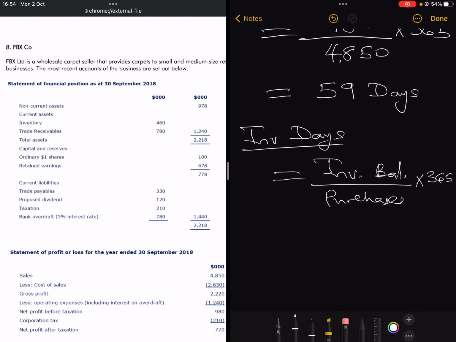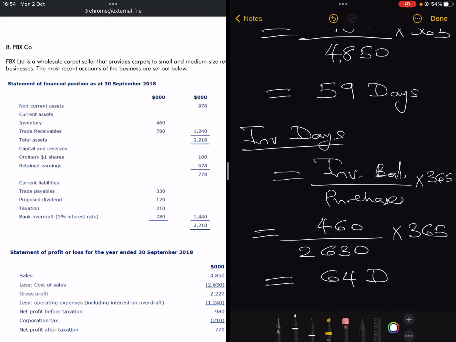And looking at our statement of financial position, inventory is 460. Then cost of sale is 2630, which is usually adopted as purchases, multiplied by 365 days. Using a calculator, this will give us 64 days.